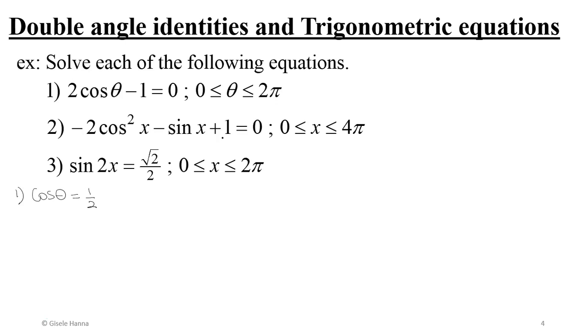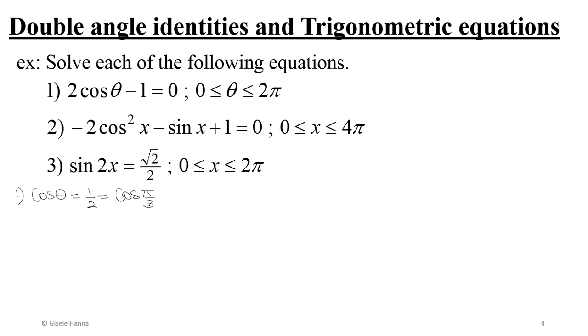If the given is in degrees, you have to work it out in degrees. So I have cosine of theta equals half, so I need to find an angle whose cosine is half. Referring to the table of remarkable angles, we know that cosine of pi over 3, or 60 degrees, equals half. Of course, you could use your calculator if you're on a paper where a calculator is allowed.